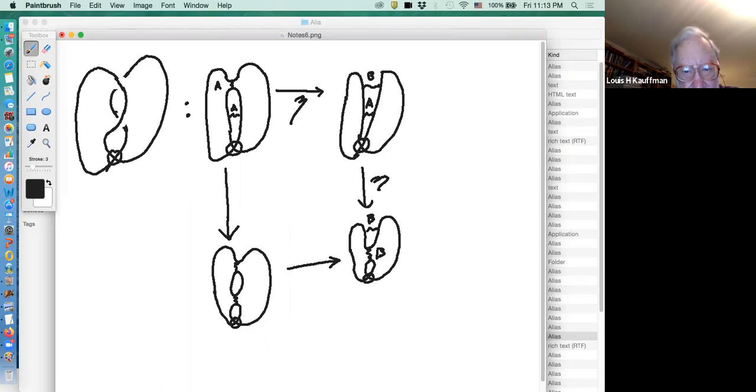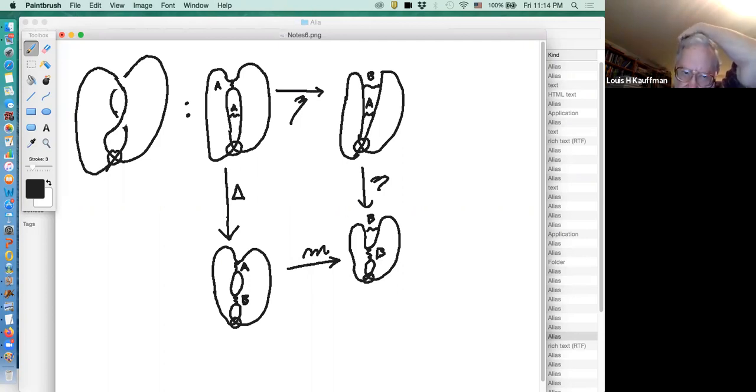So this time I'm doing a B here, and then I'm doing this B. The first time I did this one, and that's a coproduct. And then I'm doing this one, and that's a multiplication. So there's the square that I'm interested in.